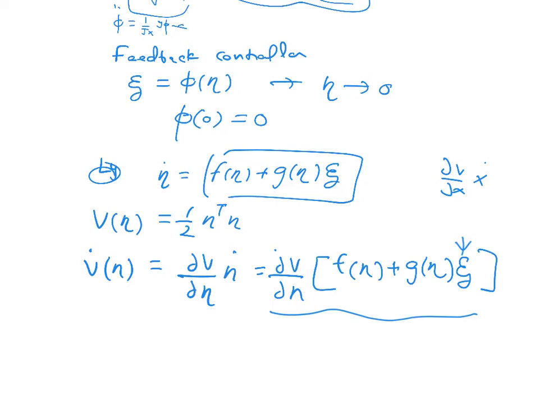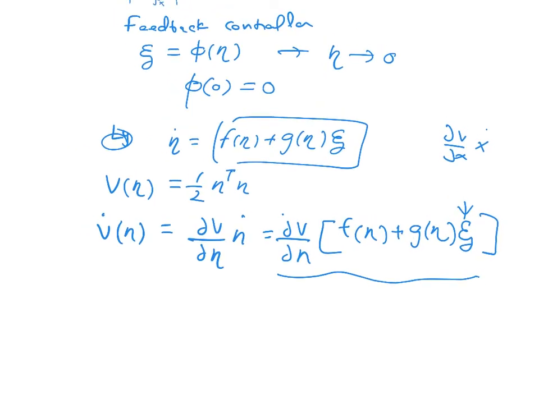For example, let's say I choose this to be some function phi of eta, which multiplied by this will give me a negative definite. Things will be clear from my example. I'm just giving a general theory here. Okay.